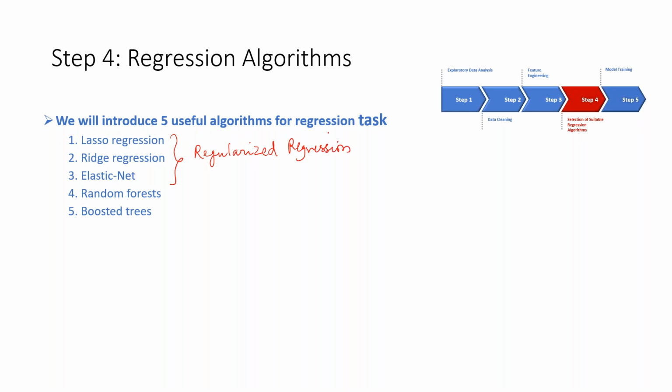Okay, so all these three are just a little bit of enhancement on top of your simple linear regression algorithm. They are extensions or improvements on top of it. Okay, so what is that real enhancement or improvement?